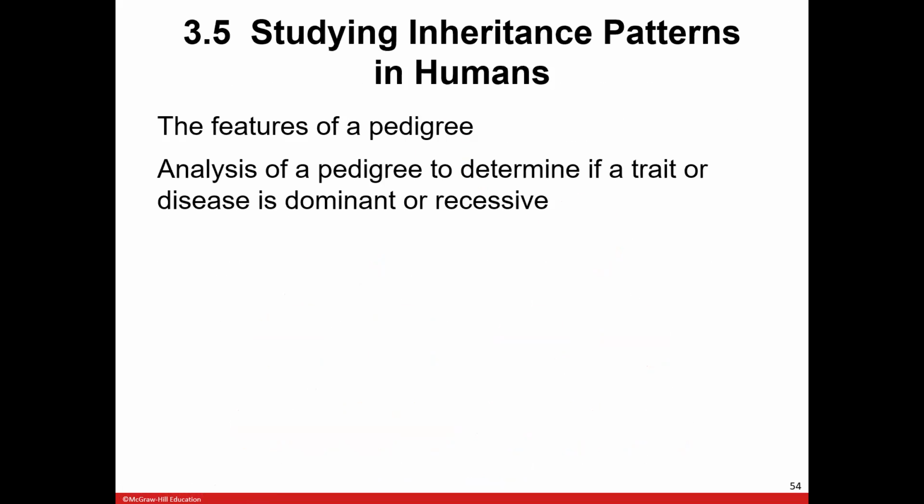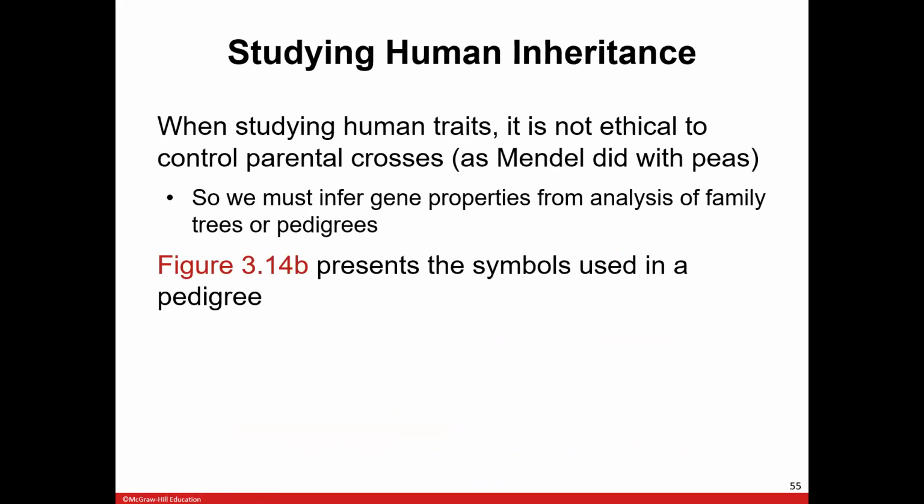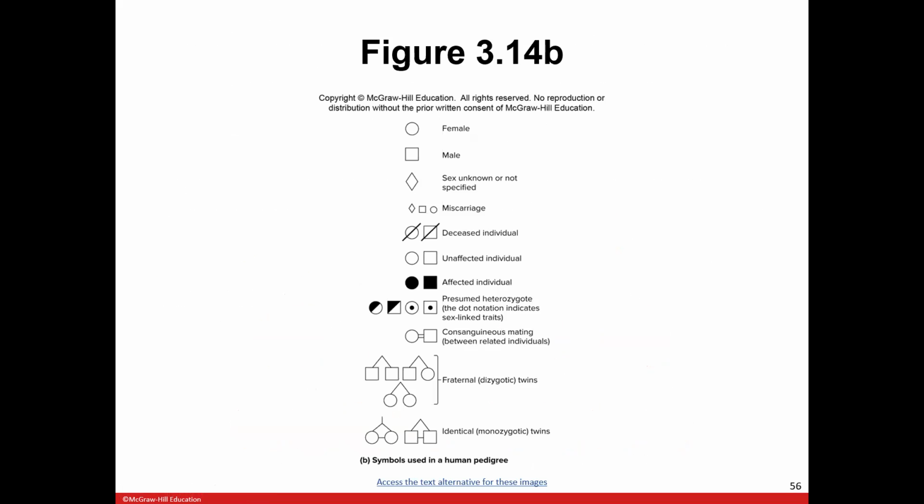We don't do breeding like this to study inheritance patterns in humans, so we have to draw pedigrees and look at what happens to find out if the trait was dominant or recessive. We've talked about this a little bit, but just a reminder here. Females are shown as circles because girls are curvy. Males are shown as squares.